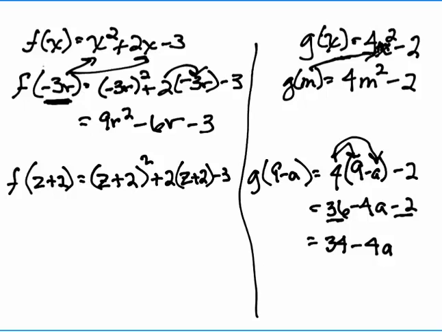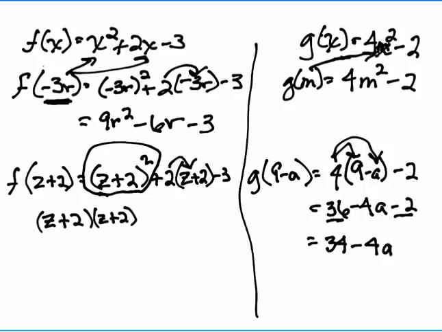All right, remember that on the z plus 2 squared, this one right here, you square it, which means you're not going to say z squared plus 2 squared. You actually have to have 2 of that expression. So it becomes z plus 2 times z plus 2. A lot of students forget that. Here, it's a simple distribution, and I'm going to save that for after we get this right here done.